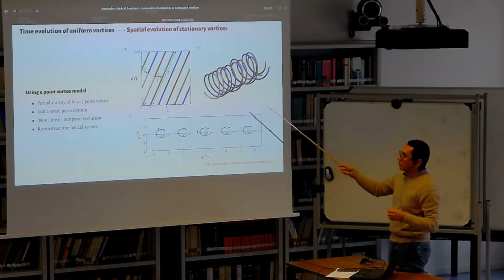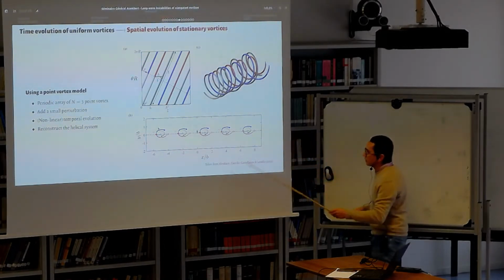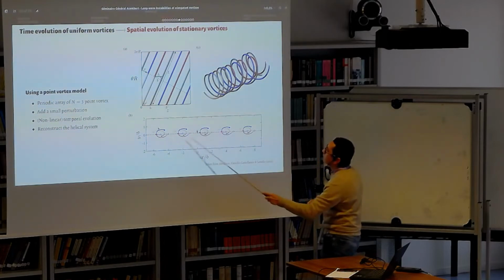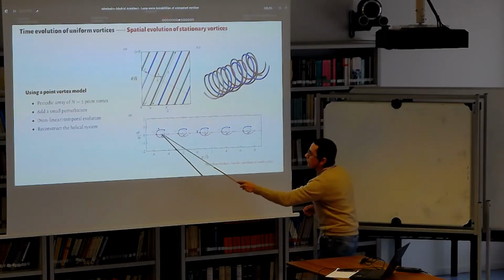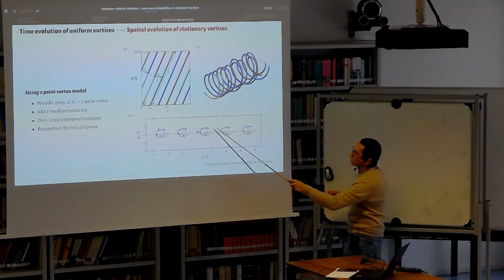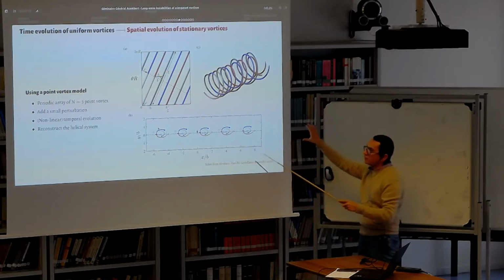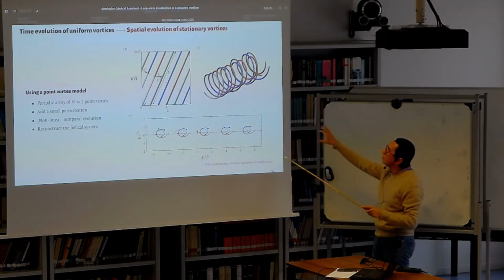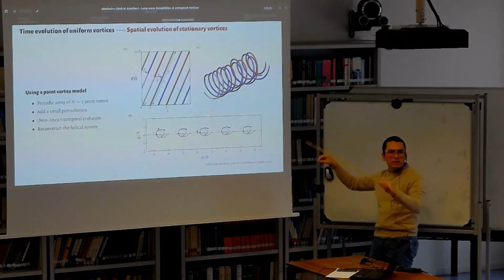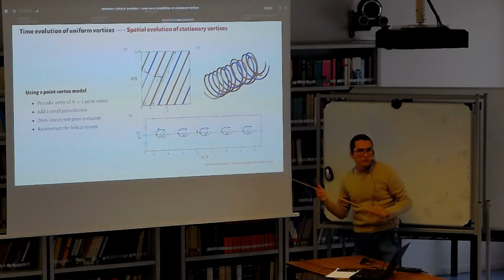We're going to add a small perturbation, and we are going to see how this evolves. So I have an example here. You have the trajectories of the three vortices in each color, and you can see how they are moving. And what we're going to do next is take this evolution and add back this perturbation with a rotation rate and an axial velocity to reconstruct the helical system, and we get this type of structure.